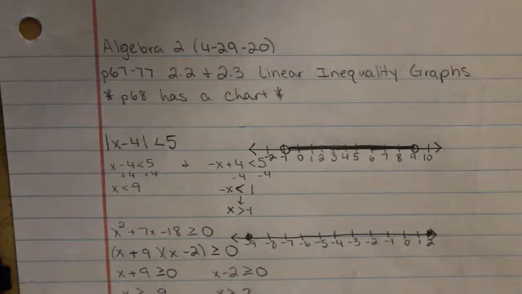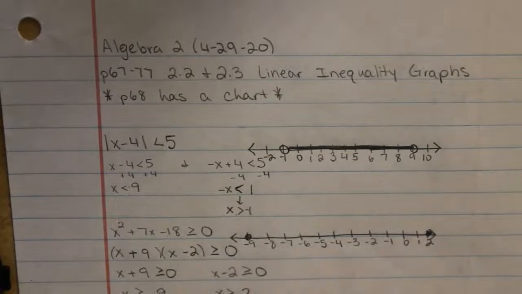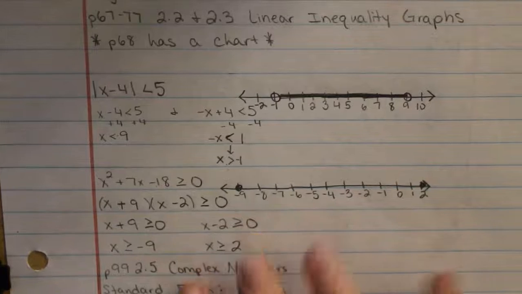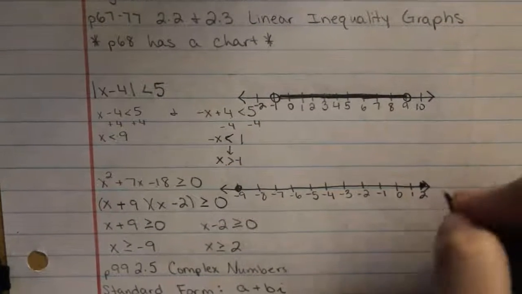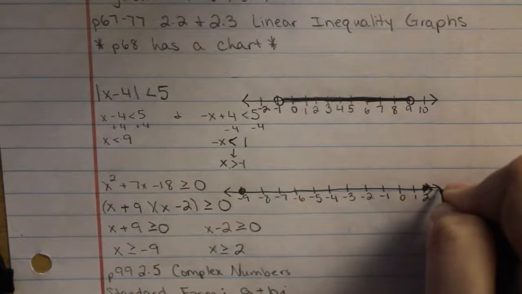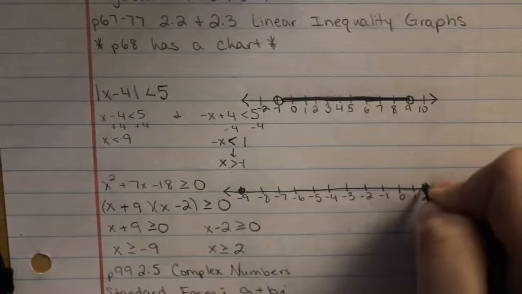We know that it's a closed circle because it has the equal sign underneath my greater than symbol. Okay, so we have negative 9 and positive 2. So we have that x is greater than or equal to positive 2, so it's going to go this direction.